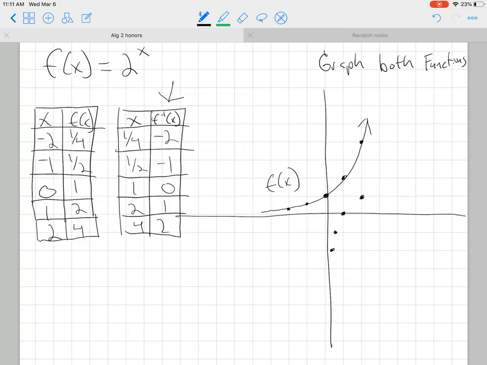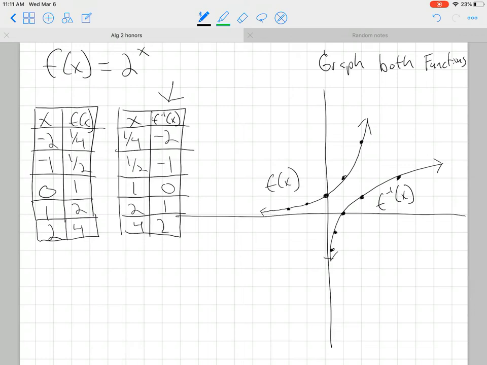When x is 4, 1, 2, 3, 4, y is 2. So this one, the inverse, looks like this. Now what do we notice about the graph? Excuse me, this is f to the -1 of x.